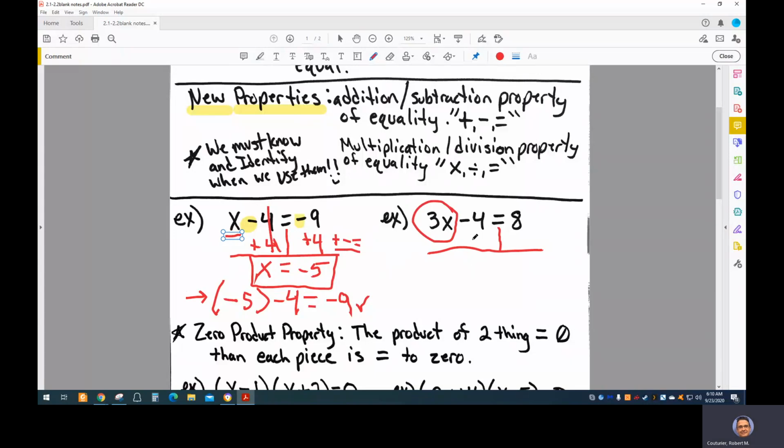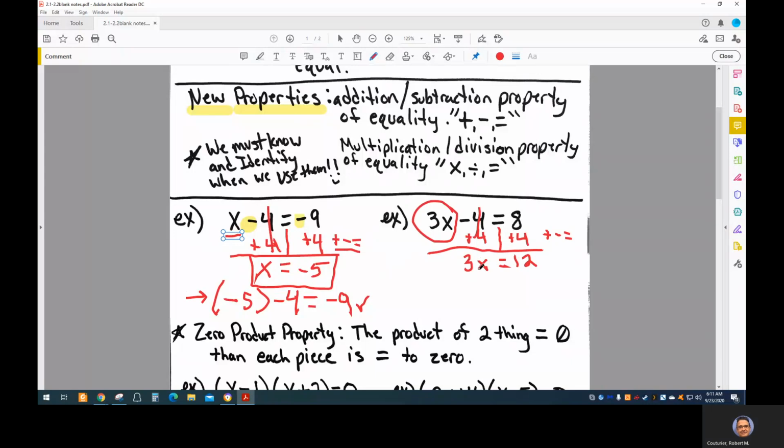The opposite of taking away 4 would be adding 4. This is the addition/subtraction property of equality. So 8, 9, 10, 11, 12. These cancel, and I'm left with 3x.